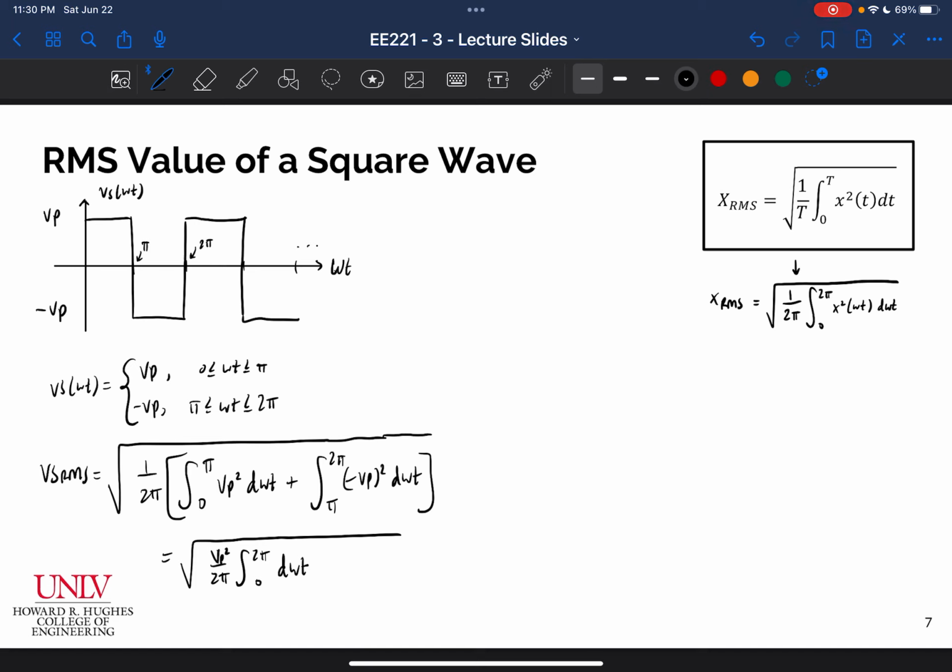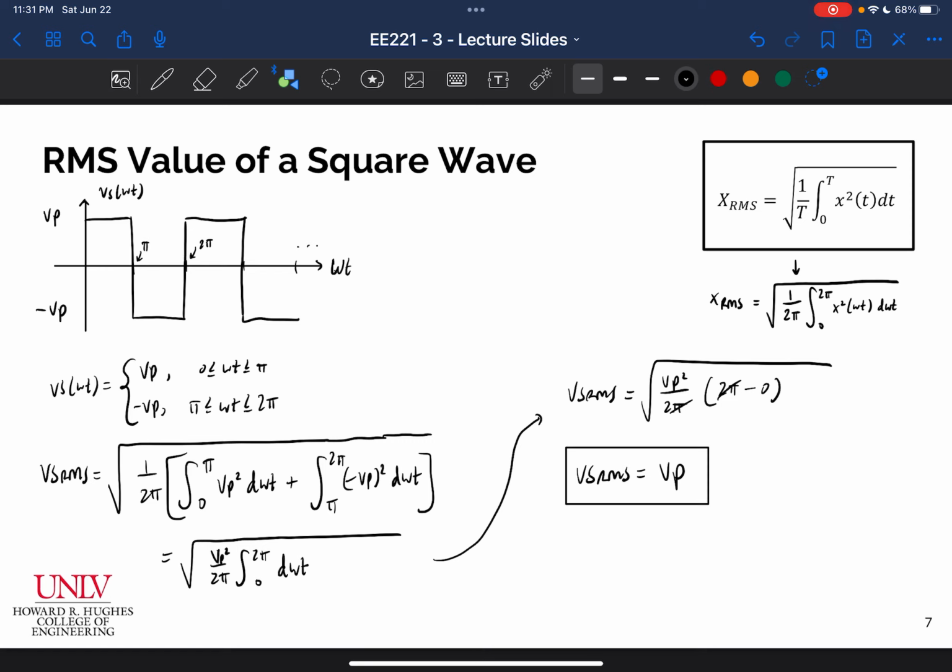So let's say Vs RMS is equal to square root of Vp squared over 2 pi. And I'm going to have to take the integral of omega t from 2 pi to 0. I'm going to get 2 pi minus 0. My 2 pi's are going to cancel. I get the square root of Vp squared, so I get that the RMS value of this waveform is just Vp.